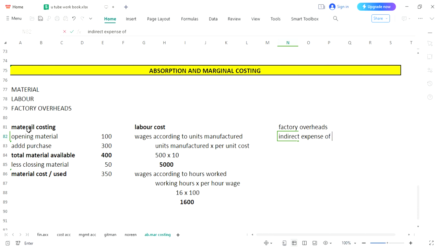Indirect expenses of factory, or you can say not directly related to production. So these are indirect expenses but not related to production.